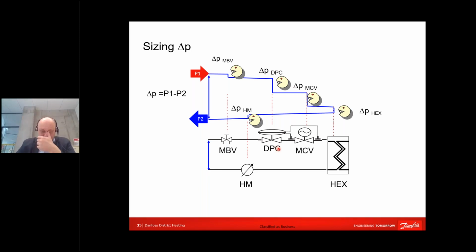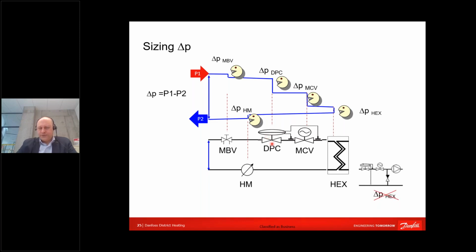We are getting into a risk of oversizing the control valve, because the domestic hot water control valve might be big enough and might be incapable of controlling water during circulation demand, and the motorized control valve might start oscillating, which might be amplified by the differential pressure controller.